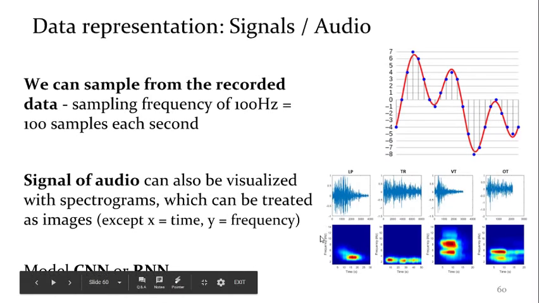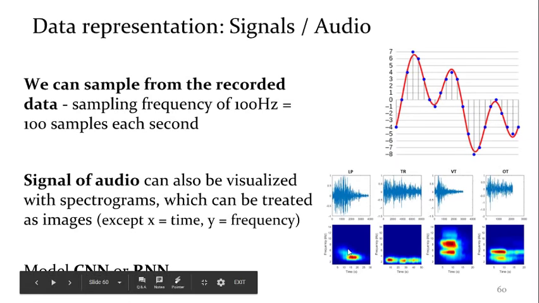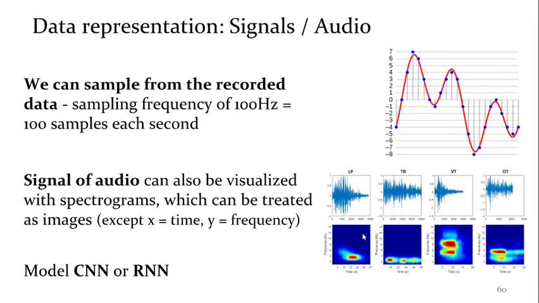Or you can represent it as images, which is the visualization method that we were talking about last time. You will have to figure out some other models, maybe with 1D convolution, or maybe something called a recurrent neural network, which we didn't talk about yet. Maybe next time, because it's again a big category. But with this, you can then hook it up with some other image classification models.